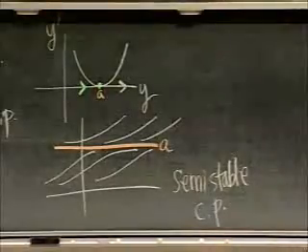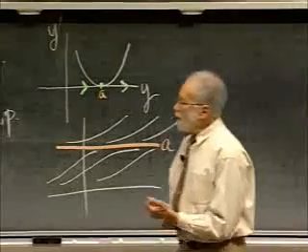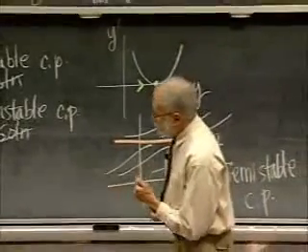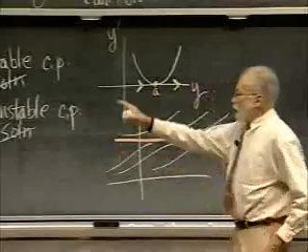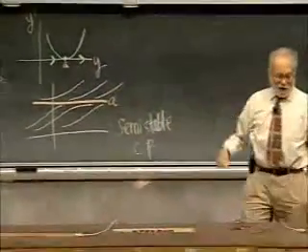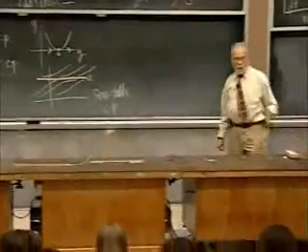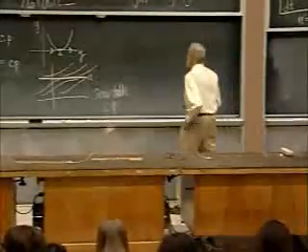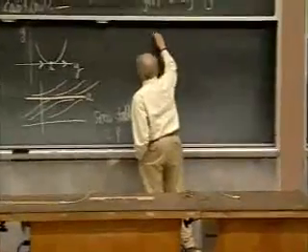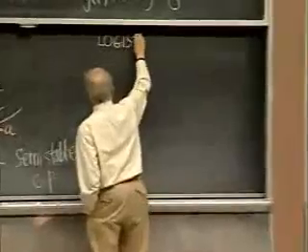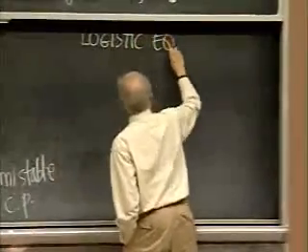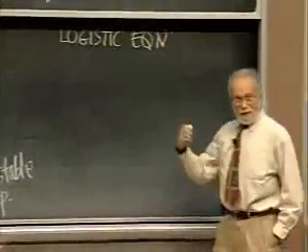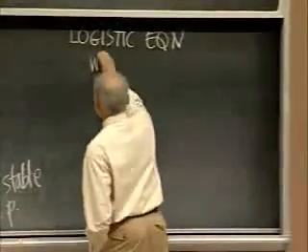Okay, let's now take, I'm going to soup up this logistic equation just a little bit more. So let's talk about the logistic equation, but I'm going to add to it harvesting.